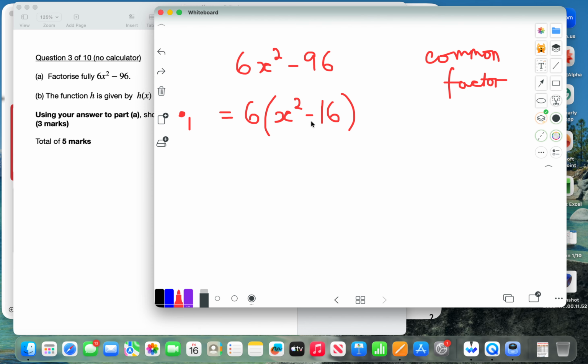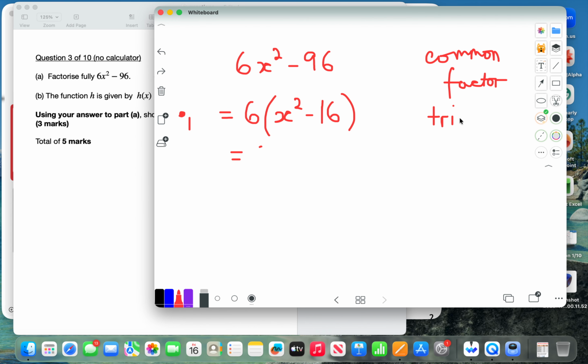The second one, we've done the common factor, and the next thing we want to look at is, do we have a trinomial?